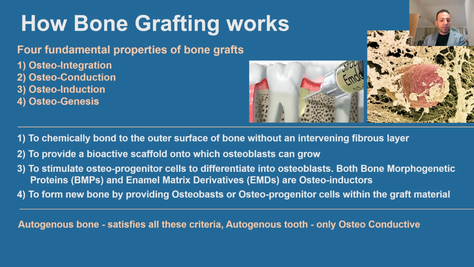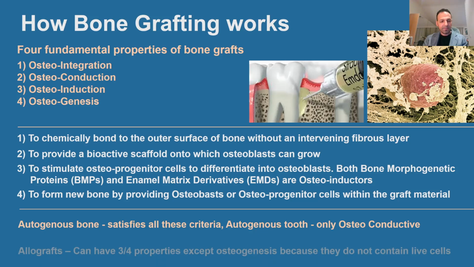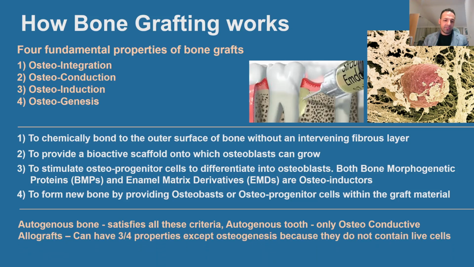So autogenous bone is the only one that satisfies all these criteria. However, autogenous tooth material is only osteoconductive. It's just providing a scaffold. Allografts can have 3 out of 4 of these properties because they don't have the ability to provide osteogenesis, as they don't contain any live cells.